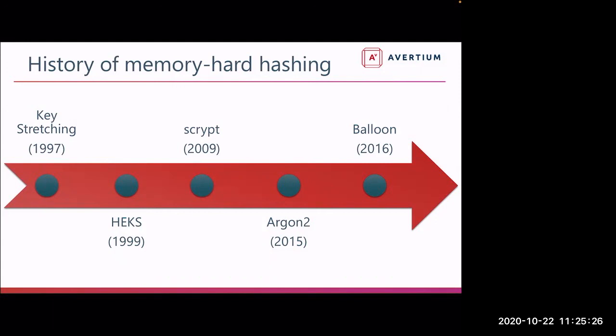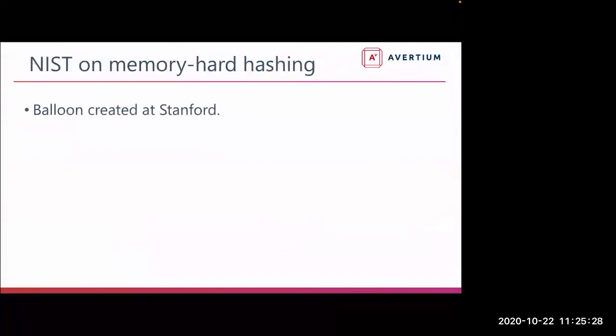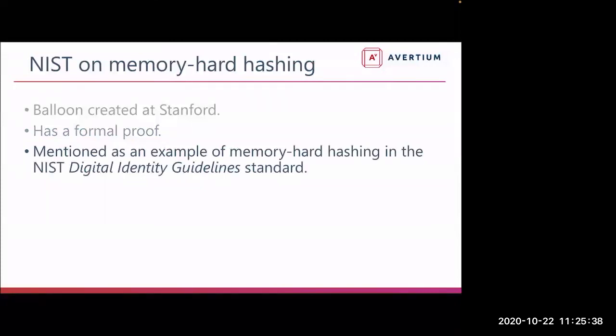Now, Balloon, as I've mentioned, was created at Stanford, right? And if you look at this document, it has a formal proof, as I said. And when you take a look at this document, that says digital identity guidelines, there's no shall with it. It's kind of like saying, you know, you should really look at memory hard hashing.